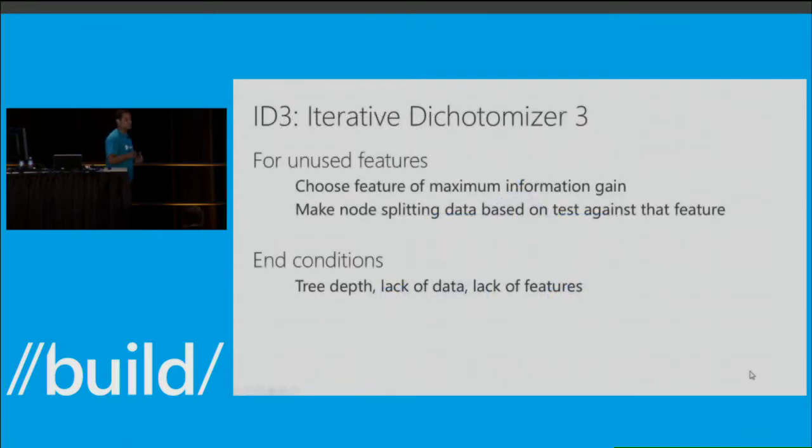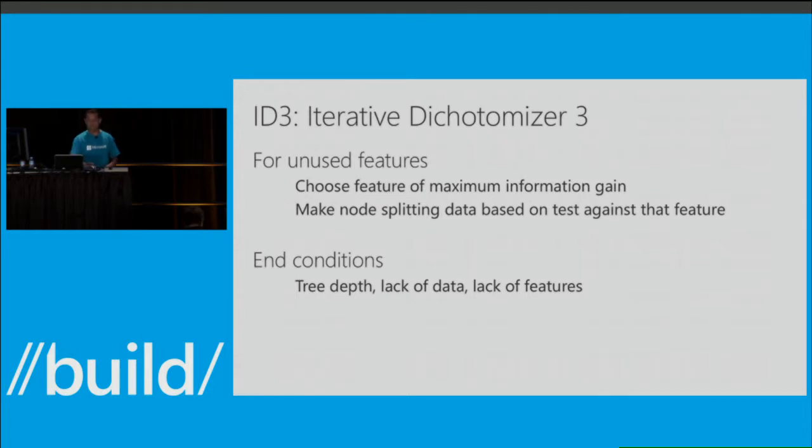The method that we use to create a decision tree is called the iterative dichotomizer tree, which basically is this. For each feature, for each column that is still not used in your data, calculate the information gain if you make a test based on that column.